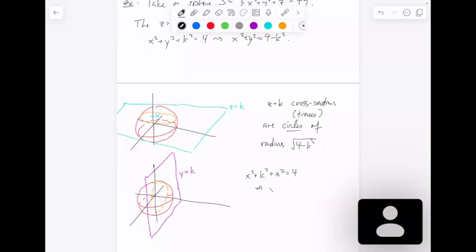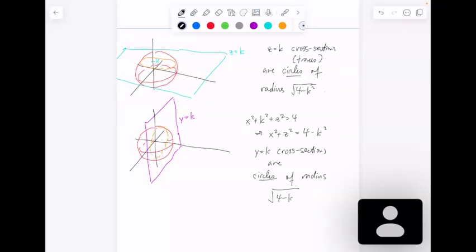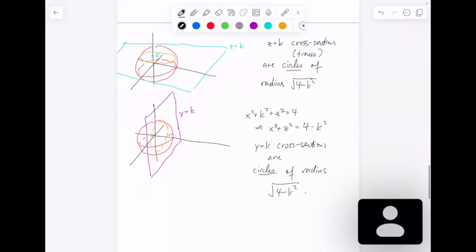So this means that your cross sections are also circles of radius root 4 minus k squared. So your y equals k cross sections are circles of radius root 4 minus k squared as well. And right, so when k is greater than 2, you get no circles whatsoever, which makes sense, right?